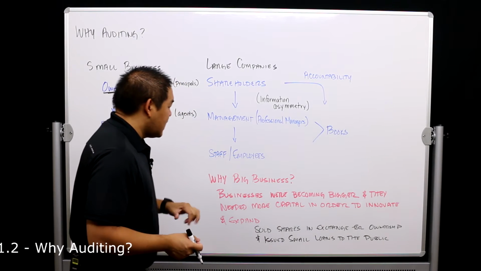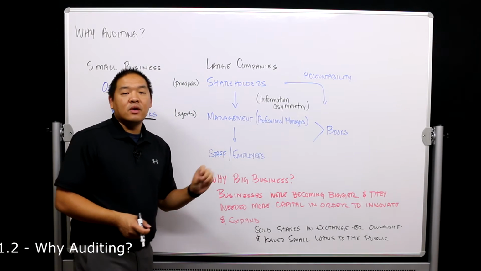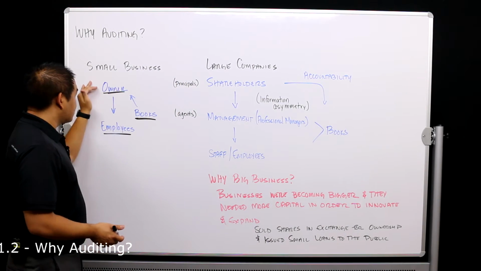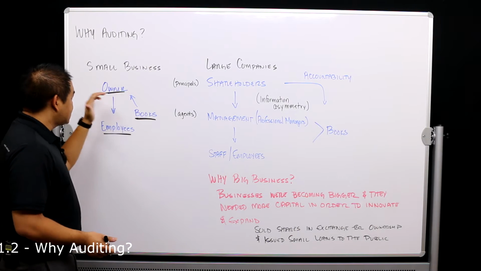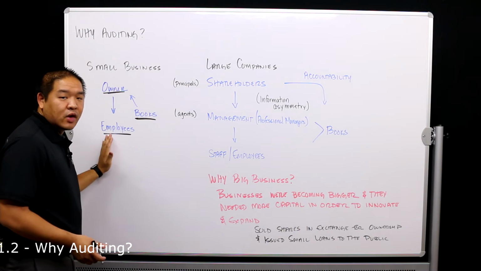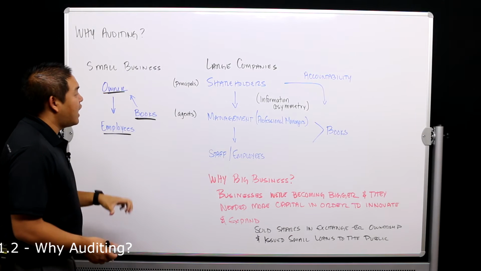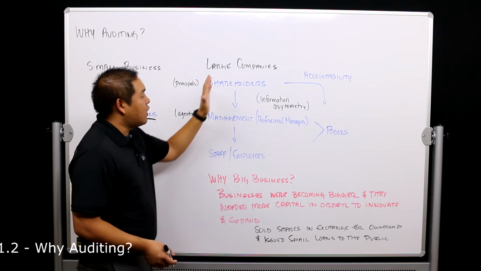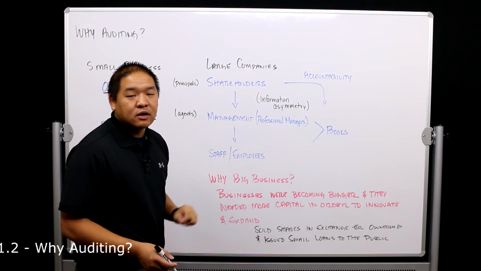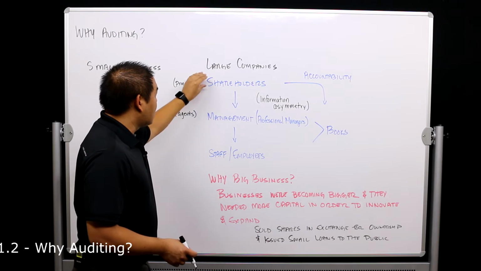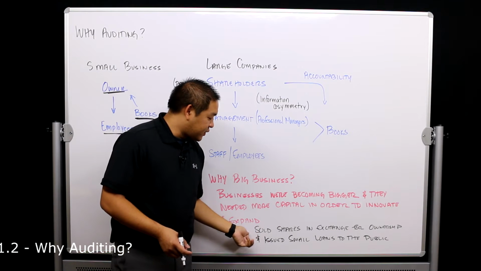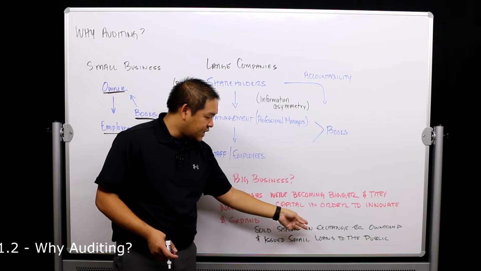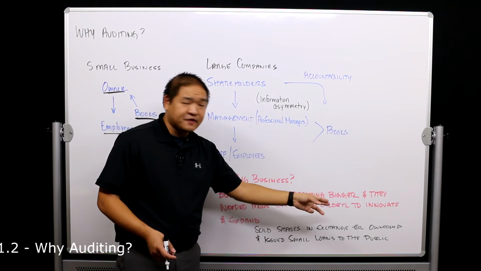And because of that, we no longer have this relationship of the owner who's doing the books, had few employees, and knew what was going on. We had this idea of a large company. And this large company had shareholders, which were those people that bought shares in the company in exchange for ownership.